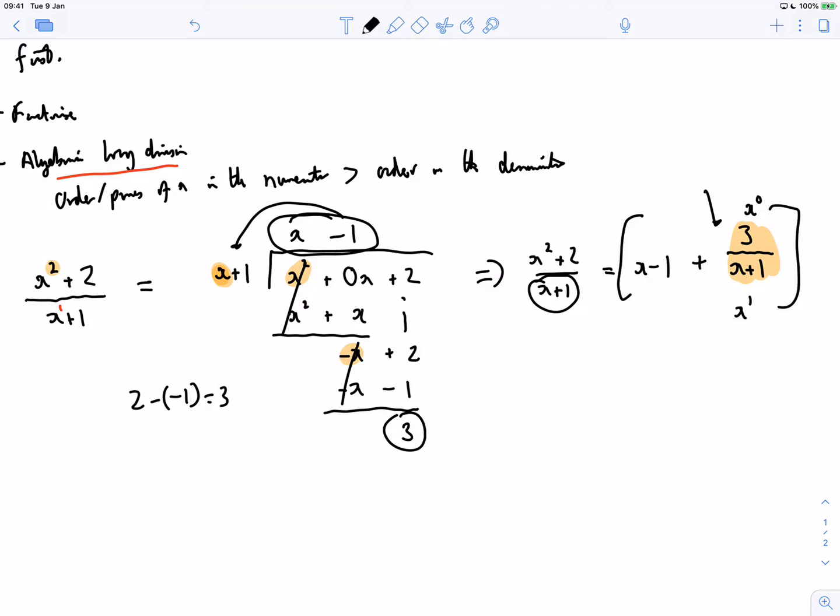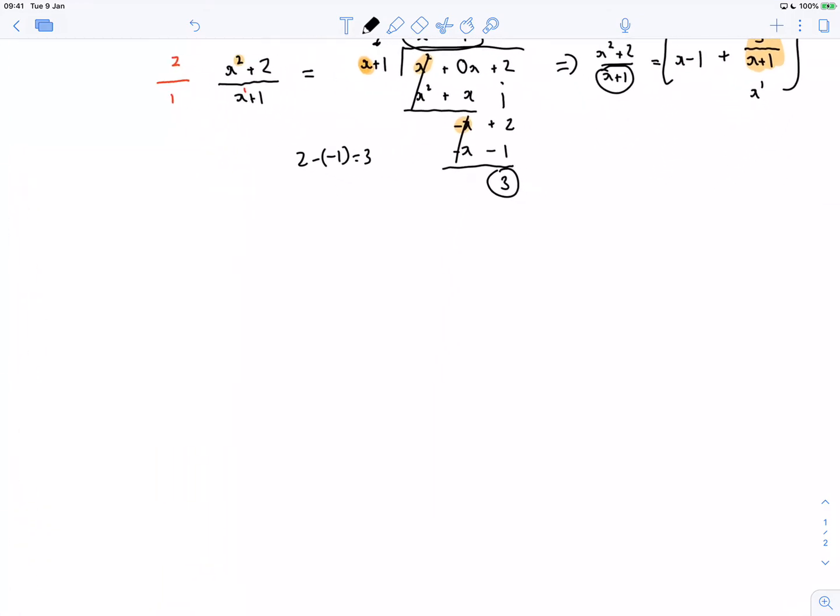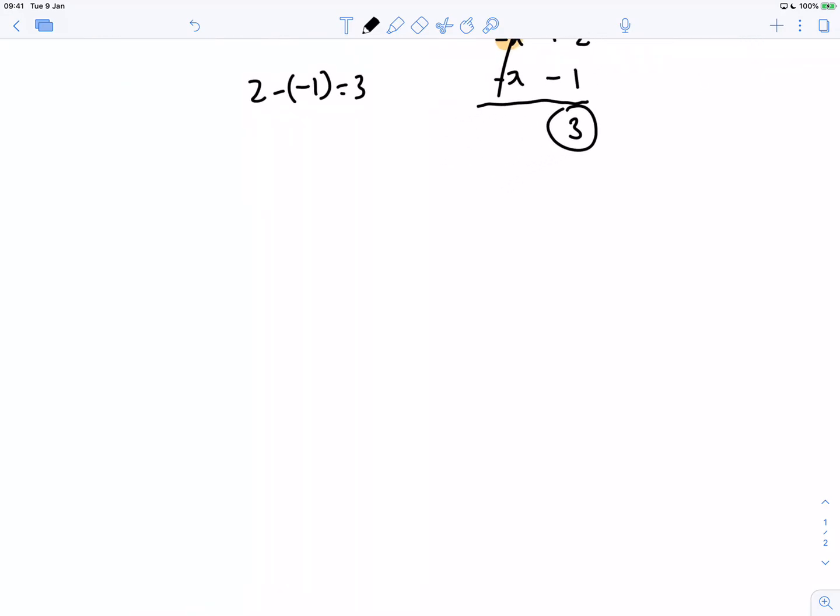So always try to simplify. If the order of x in the numerator is bigger than the order in the denominator, then you need to do algebraic long division to simplify it, and then partial fractions you do on that leftover bit, the remainder over the divisor. So let's just crack on. How do we do this? Well, there's lots of ways.